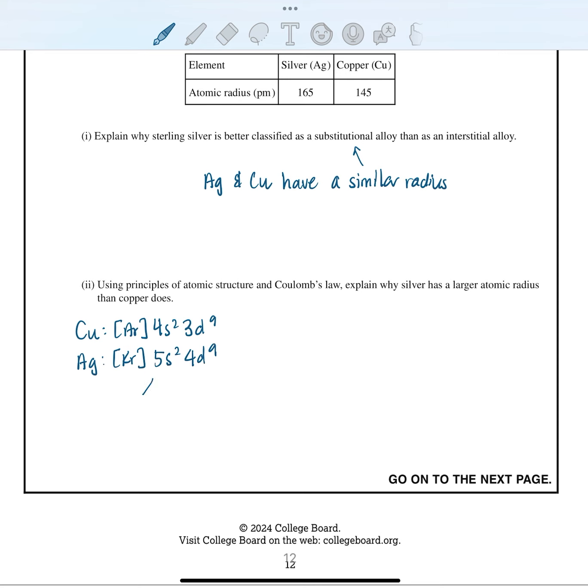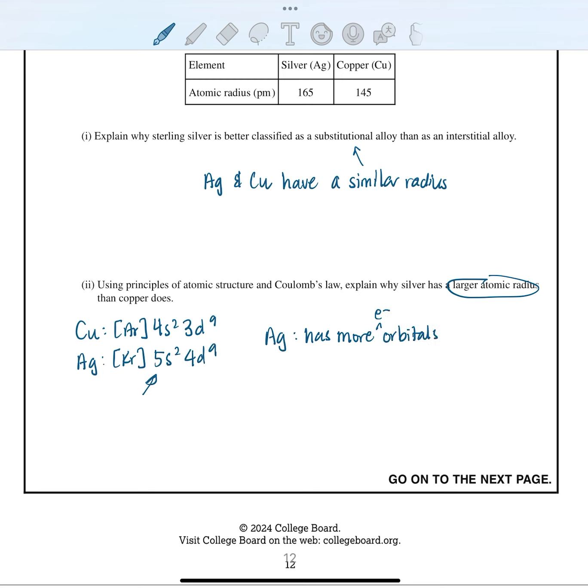If we look at the principal quantum numbers, silver has 5 compared to copper, which has 4. That explains why silver has a larger radius. So I'm just going to say silver has more electron orbitals.